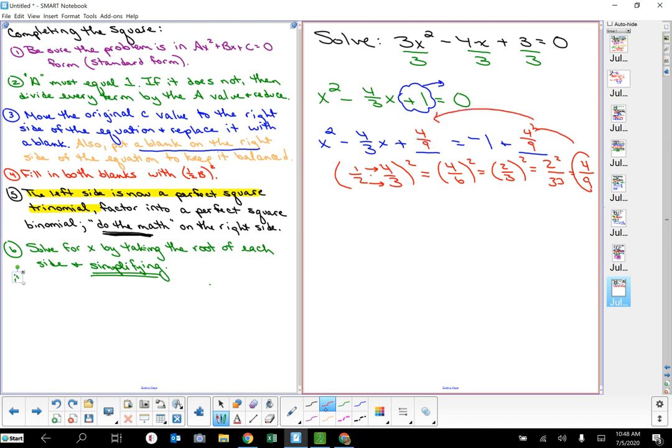Okay? Now, this is still a perfect square trinomial. You might not like it because it's got fractions in it, but it is still a perfect square trinomial. So we're still going to factor. The root of this term is x. The root of this term means you take the root of the top, root of the bottom. So that's 2/3.